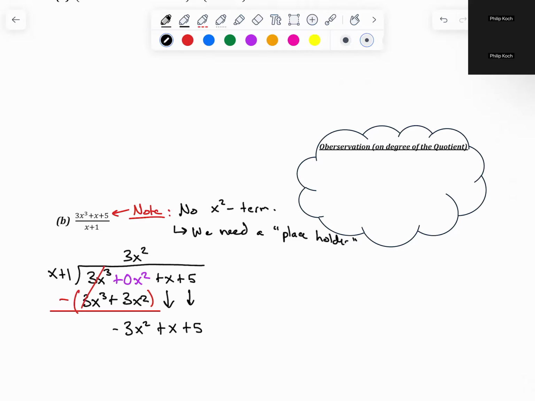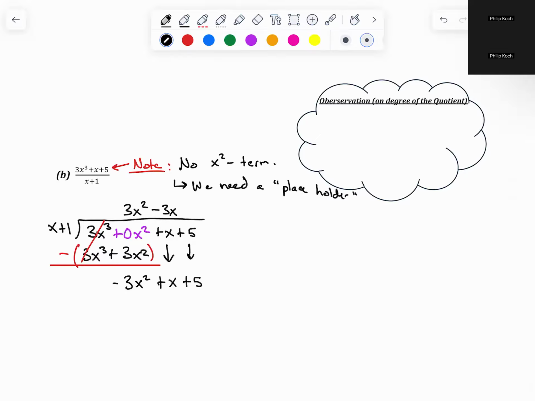How many times does x, the leading term of our divisor, go into negative 3x squared? Well, 1 goes into negative 3 negative 3 times, and x goes into x squared x times, because I need to multiply x by x to get to x squared.